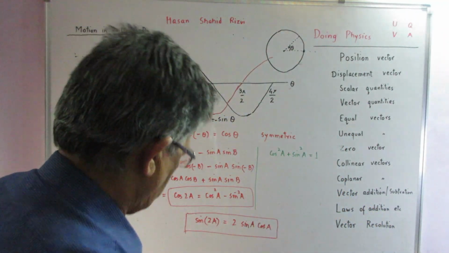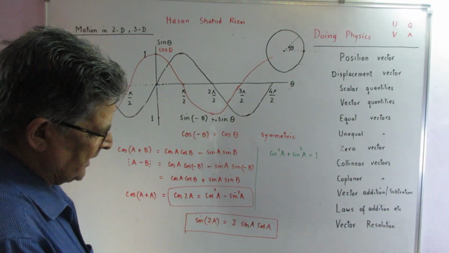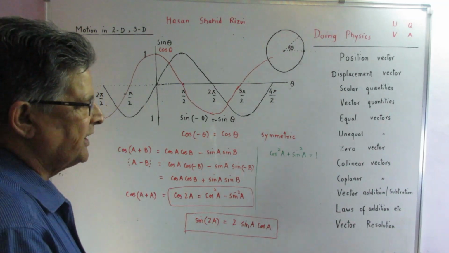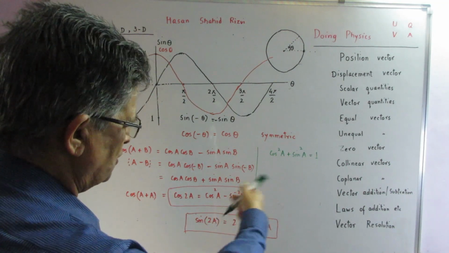Okay, so what happens? Now this is the relation and identity which I can use in two more ways.